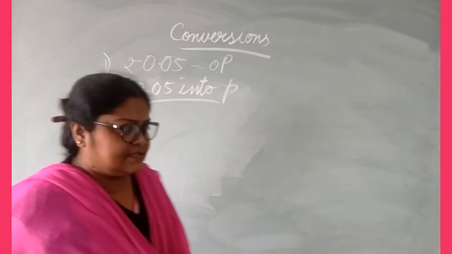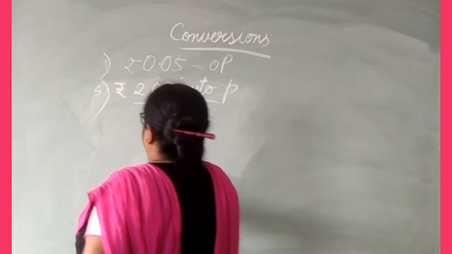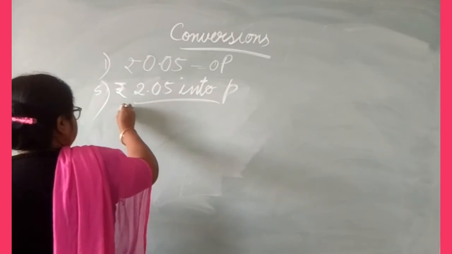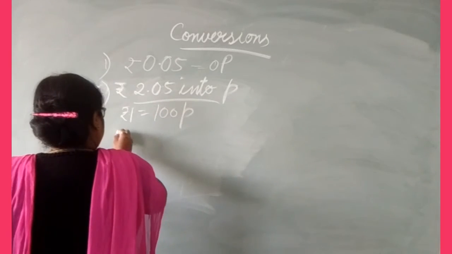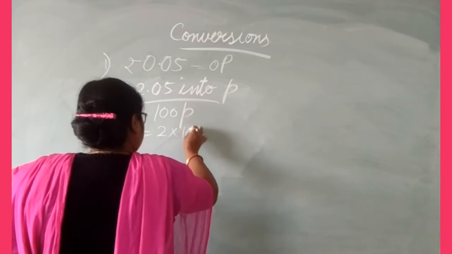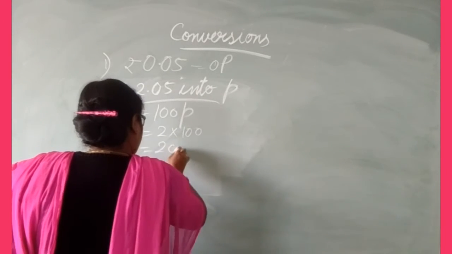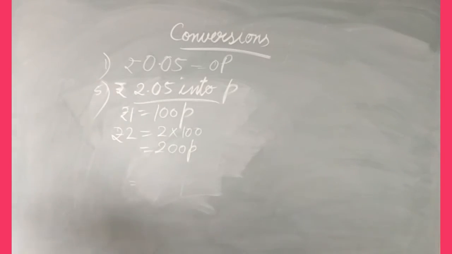So 2 rupees 05 paisa, you have to convert this into paisa. So same thing, 1 rupee equal to 100 paisa. So 2 rupees equal to 2 into 100 equal to 200 paisa.